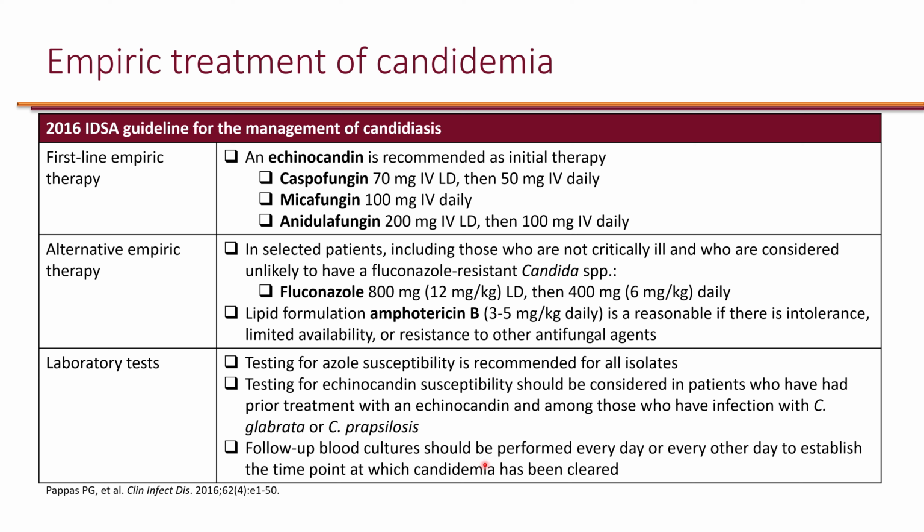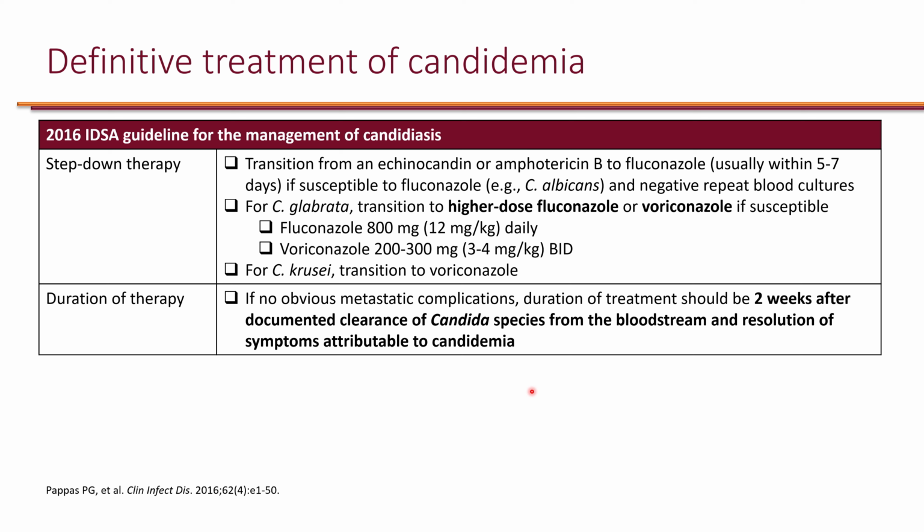So if you keep getting daily cultures and the culture continues to be positive, your day 1 hasn't started yet, even though you've been giving echinocandin to the patient. But on the day that you have a negative culture, that's where you mark it as day 1. And then, if you are to treat the patient for 2 weeks, starting from the day that the follow-up culture was negative, you do treatment for 2 weeks.